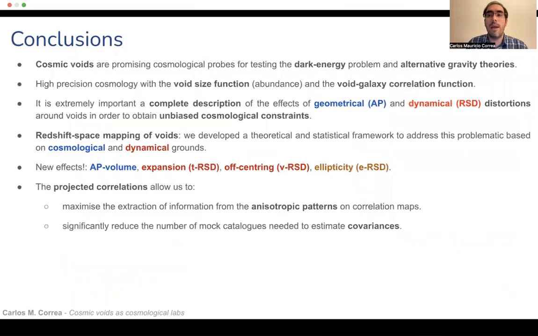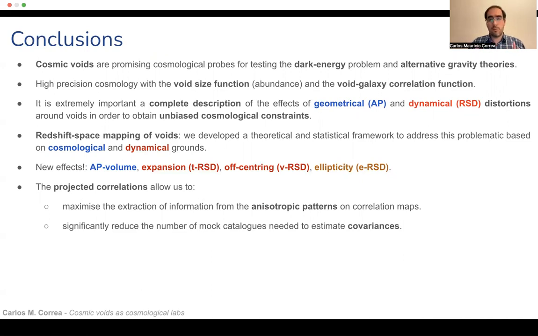So I move to my conclusions now. Cosmic voids are promising cosmological probes for testing dark energy and alternative gravity theories. Nowadays, we can do high-precision cosmology with the void size function and the void galaxy correlation function. However, it is essential to have a full description of the effects of geometrical and dynamical distortions around voids in order to obtain unbiased cosmological constraints.